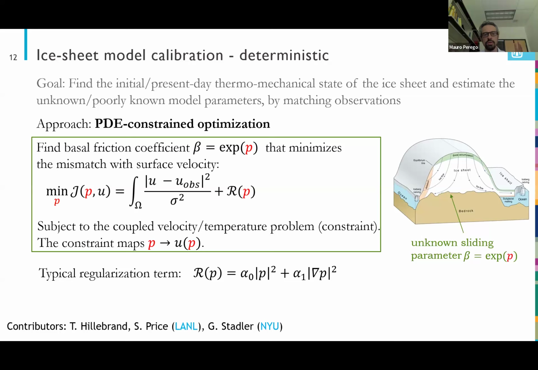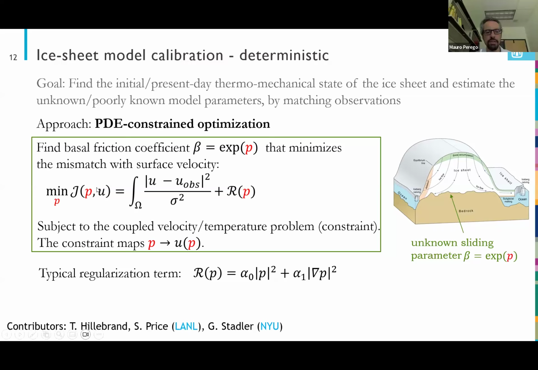As I said, we want to do a deterministic inversion. So this is our framework. You want to minimize some functional where you have a misfit between the computed velocity and the observed velocity, typically a velocity that comes from satellite observations. And then you have some regularization term that helps with the well-posedness of the inversion.